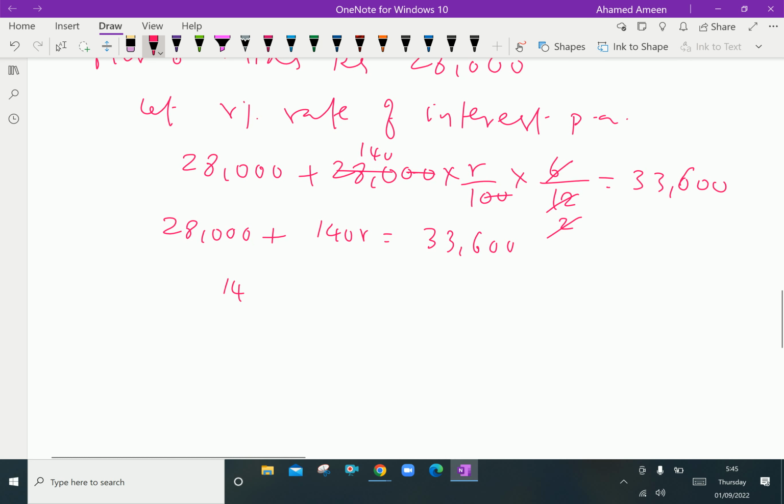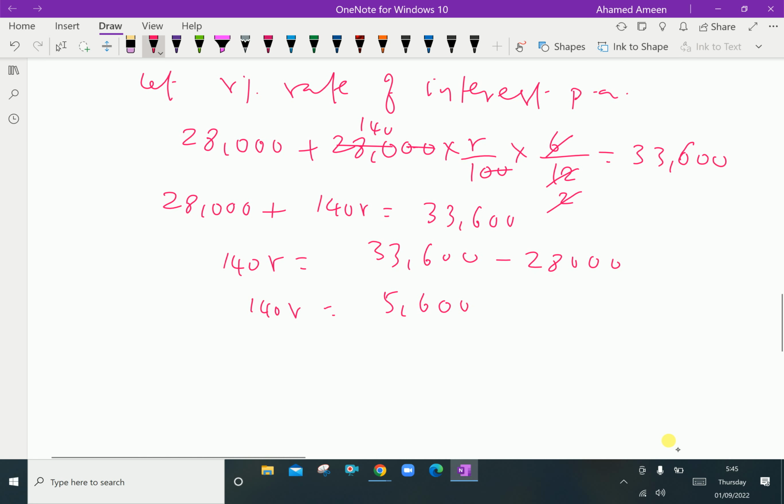Therefore 140 R equals 33,600 minus 28,000, so 140 R equals 5,600. Therefore R equals 5,600 over 140. Let us calculate this.